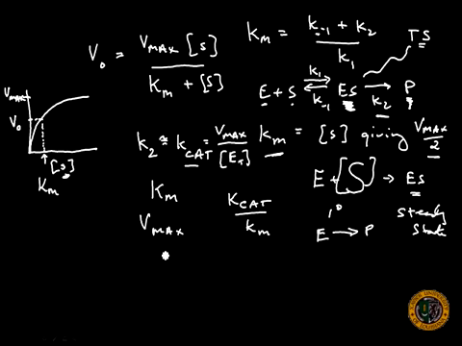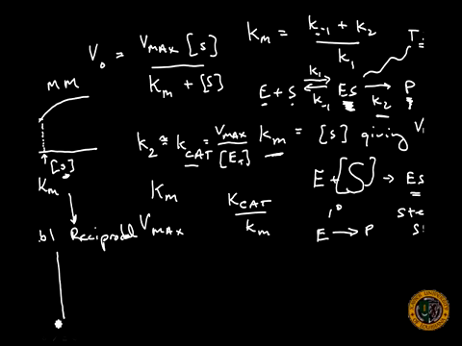Okay, Km and Vmax can be determined from plotting data like this, substrate concentration and initial velocity, by taking what's called the double reciprocal of the Michaelis-Menton plot. When we do that, you get a line.